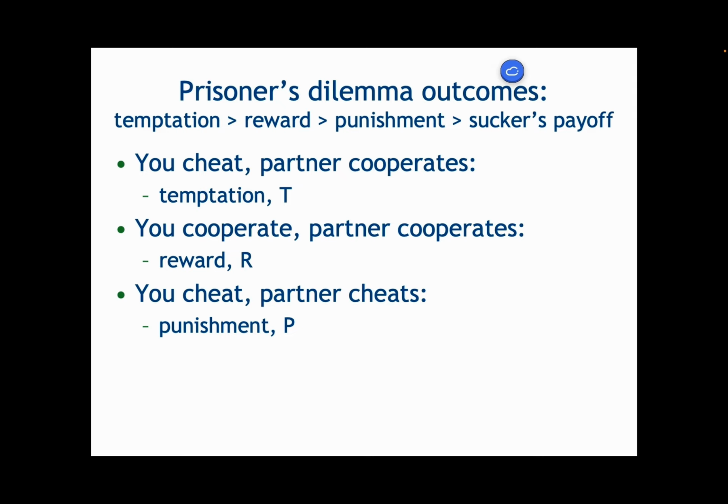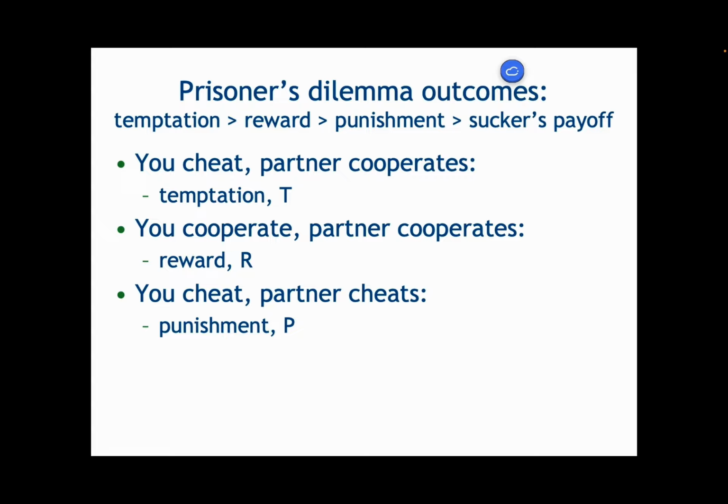So if both sides betray each other, then this is your payoff, the punishment. So the temptation is best, next best is the reward, next best is the punishment, and the punishment is 5 years in this case, and that's what you guys got, and it's still not great.